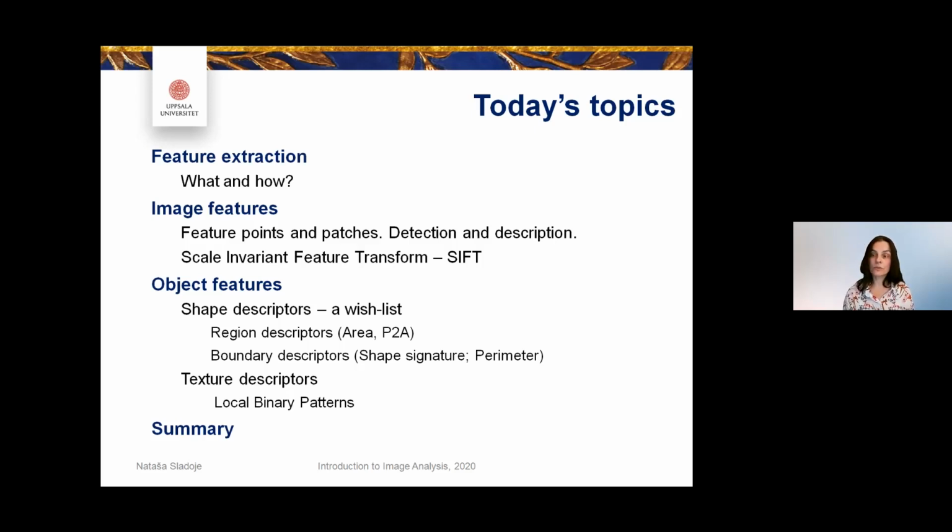What can be of help? How do I think about what is relevant? What are important properties that I can try to focus on for every particular task that I may encounter? So it is just, as said, a small selection of different descriptors with an aim to give just a higher level understanding of what are the main topics within this story on feature extraction. In the end, of course, we will come to some summary and further reading.